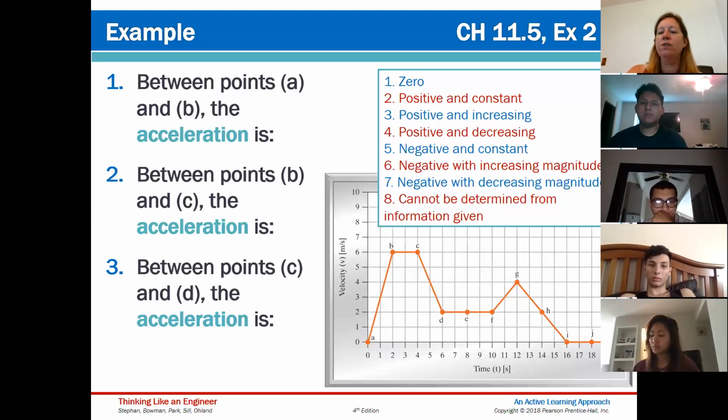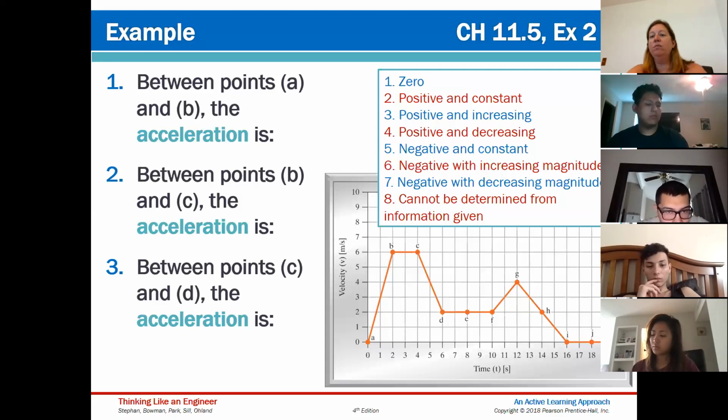Are we going forwards or backwards? So even though our acceleration is decelerating, we are still moving forward because we are still adding to the distance that our car, if this was a car, is going. Okay.